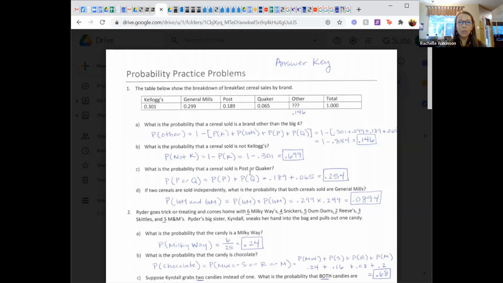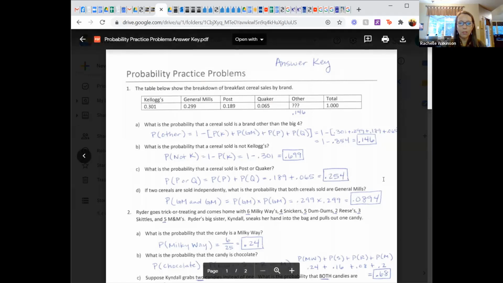Or being the key word, telling us we're going to use the additive rule. A cereal being Post or Quaker is disjoint. You can't have a cereal box that's both Post and Quaker at the same time. So we can just add those individual probabilities together. The probability of Post plus the probability of Quaker gives us 0.254.